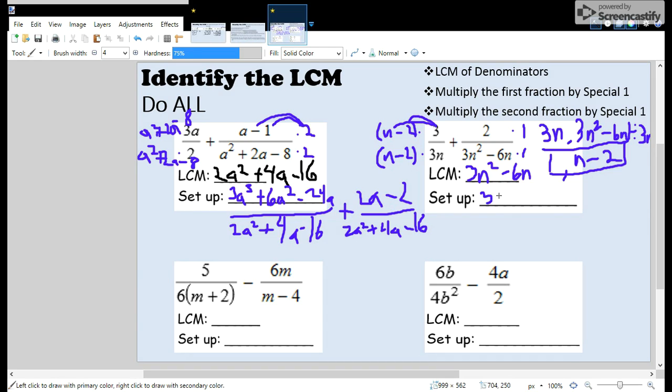So we have 3n minus 6, and at the bottom, we just have our 3n squared minus 6n. Plus our original second fraction, 2 over 3n squared minus 6n. And that is our setup form for that.